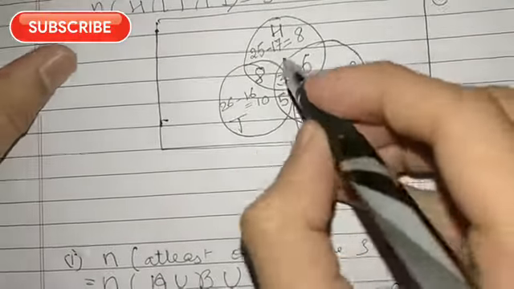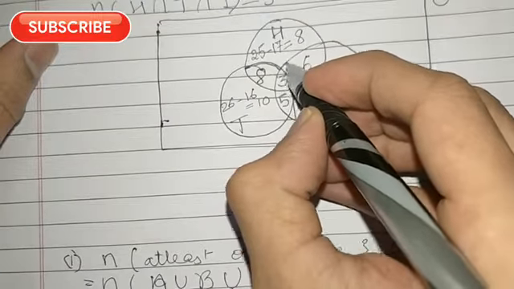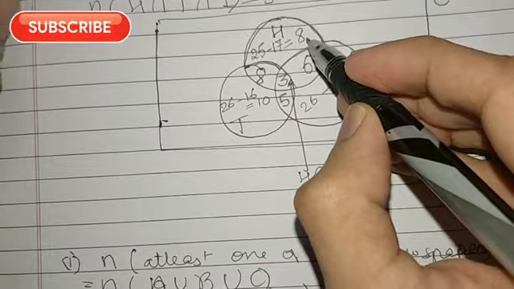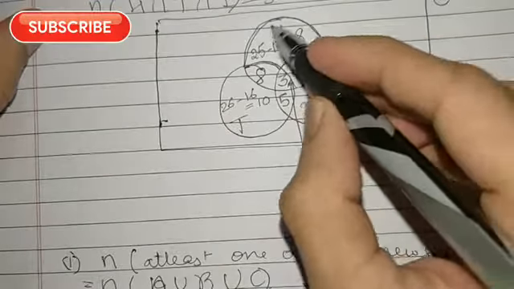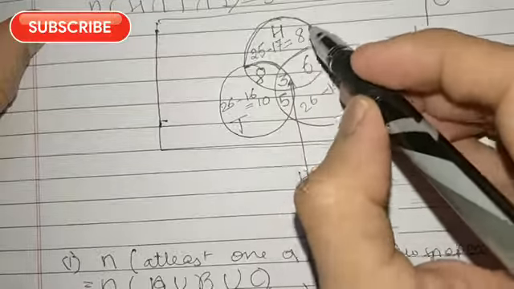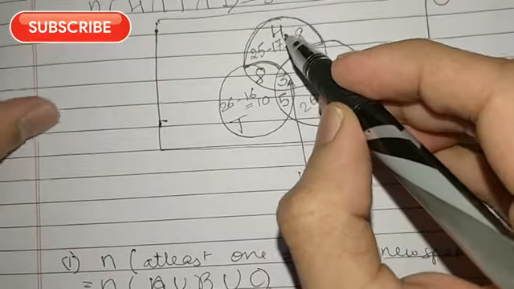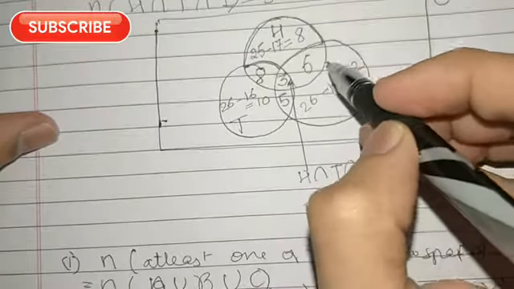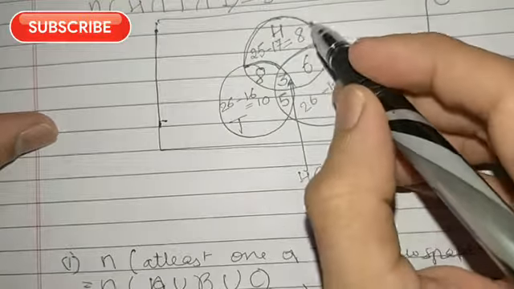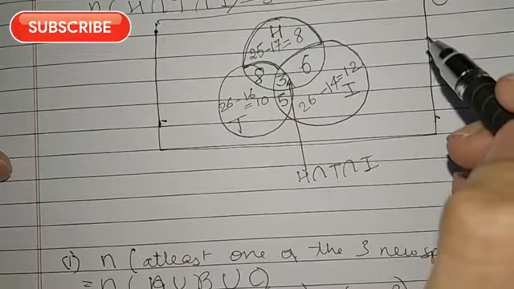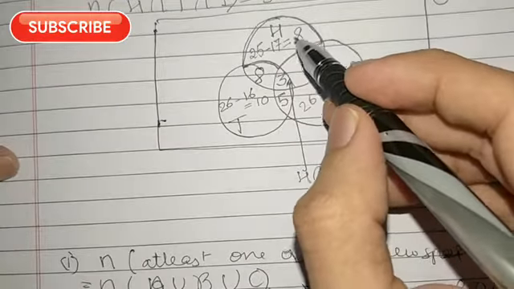That is the number which is here for the first set, which is H. That is 8. So 8 people read exactly the newspaper H. They do not read any other newspaper, so they only read the newspaper H.